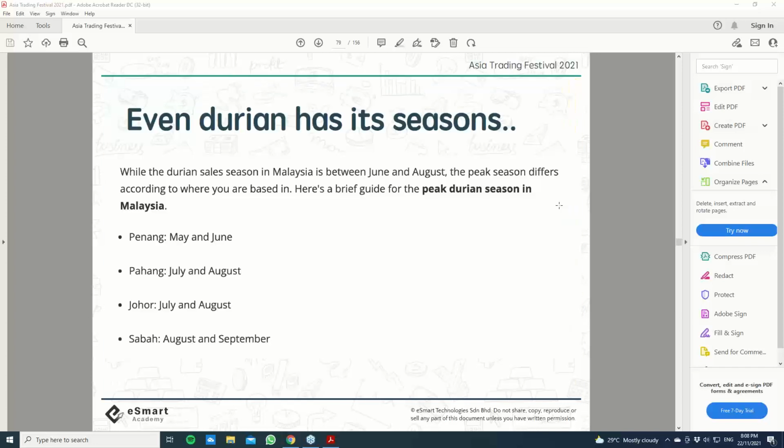If you take a look at Malaysia itself, to understand the season of durian: Penang peaks in May and June. Pahang is in July and August. Johor is July and August as well. And in Sabah it is August and September, right?